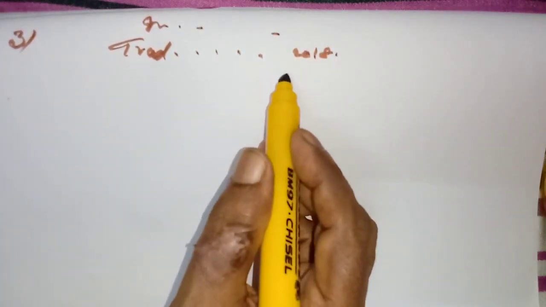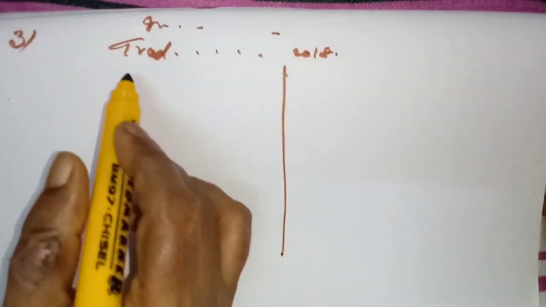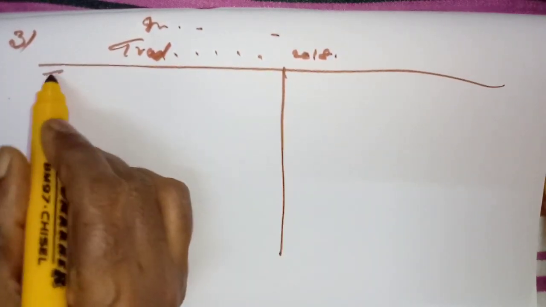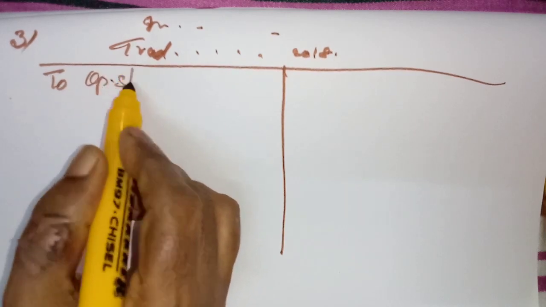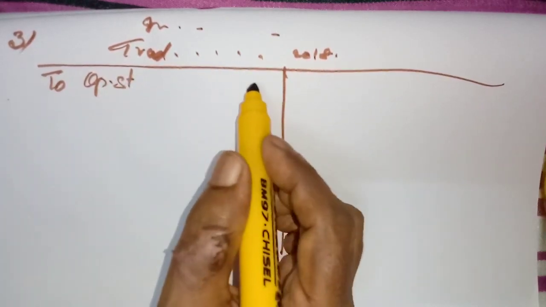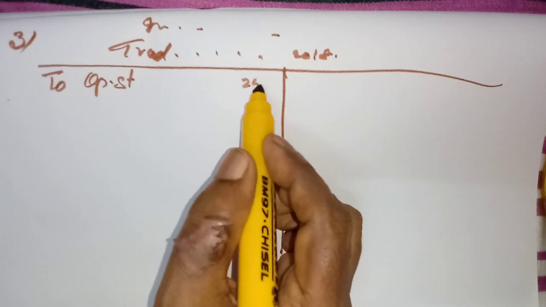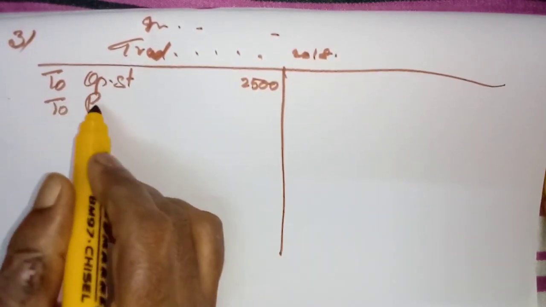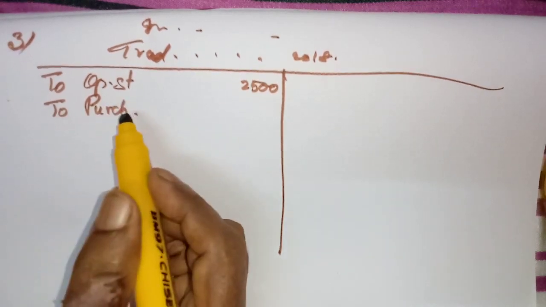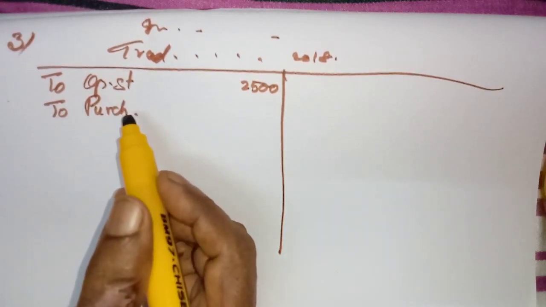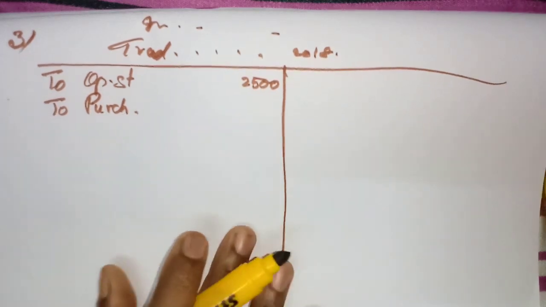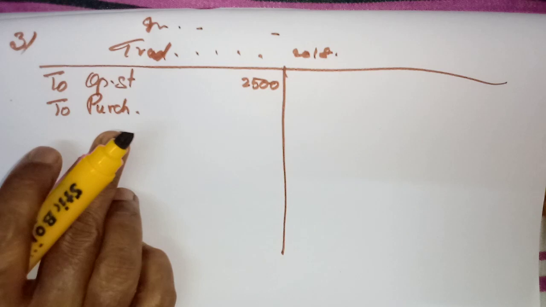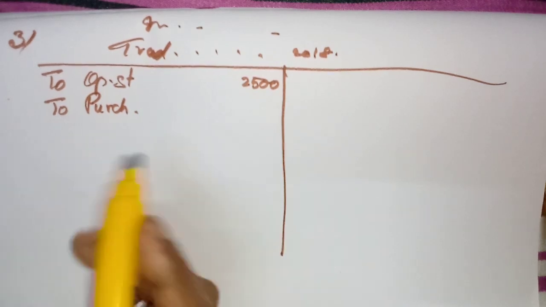Then you have to divide the page into 2. First item, to opening stock. In the last second column you write 2,500. Then to purchases. First you check any purchase returns. Here 2 returns are given. One is return outward, one is return inward. What is purchase return? Return outward only.